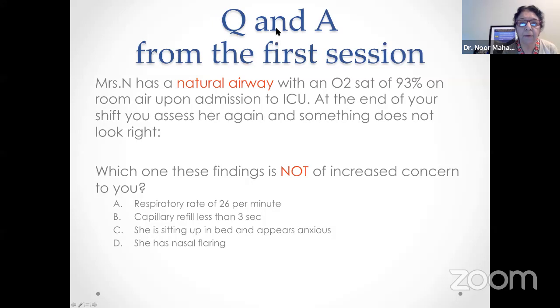A respiratory rate of 26 per minute, capillary refill less than 3 seconds, the fact that she's sitting up in bed and appears anxious, and the fact that she has nasal flaring. So please choose your answers. You will get 30 seconds to do this, 30 seconds for you to answer that. And there is only one correct answer.